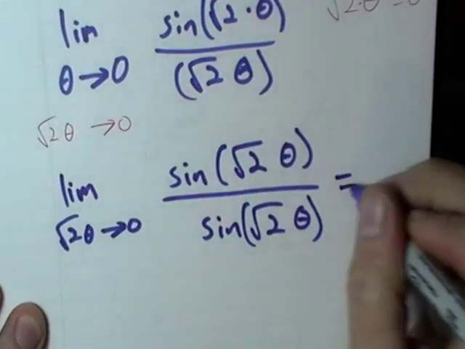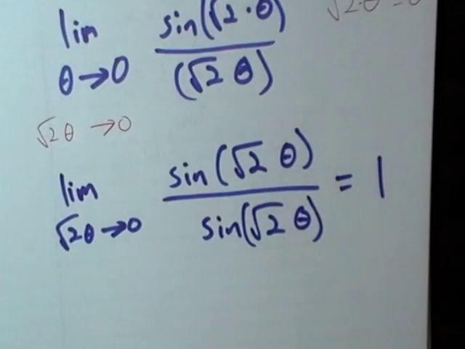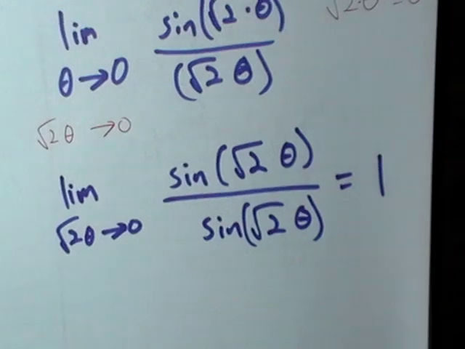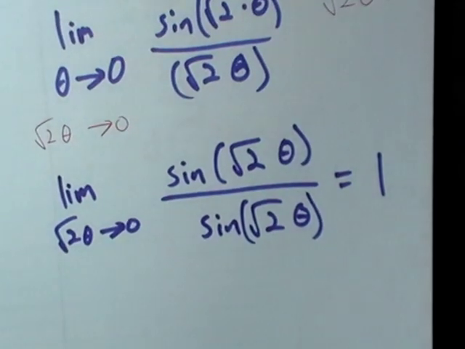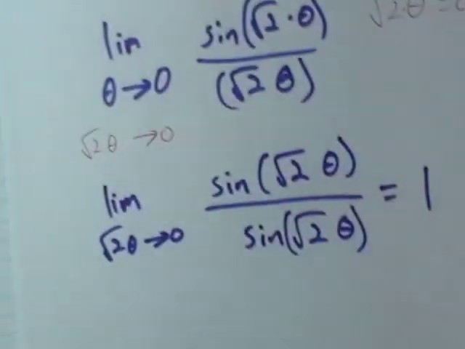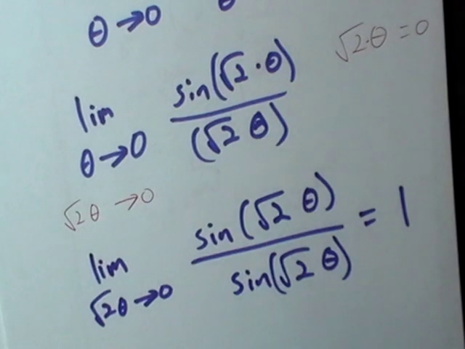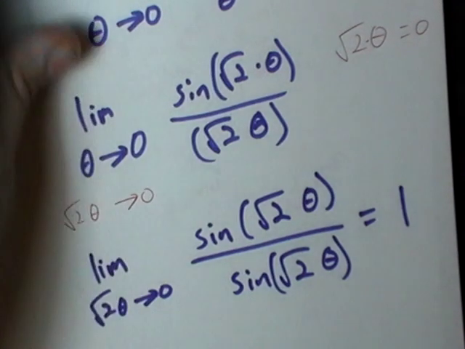Well, now we can go ahead and say that equals 1, and that's just to be mathematically correct. That's the big part your teachers are going to want you to do. Be very precise with these sort of things. So let's do another example, a more complicated example right here.